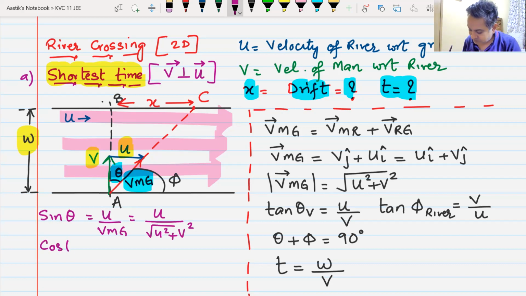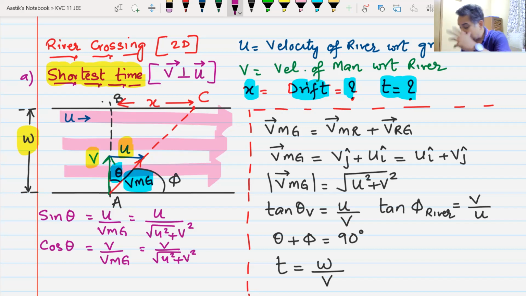The cos of this theta is v divided by vmg. You can write it also as v divided by root over u square plus v square. I am writing all the equations that are possible to be made here. A question that comes in your exam could ask any of these. Do we understand this? Yes or no?